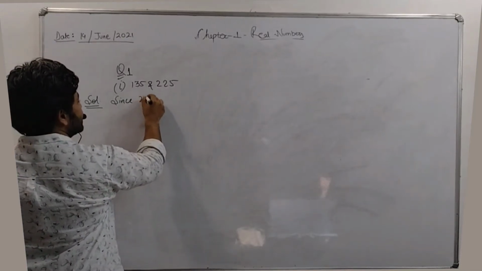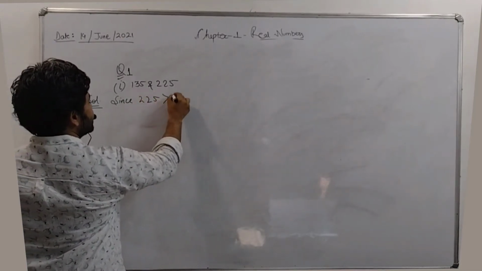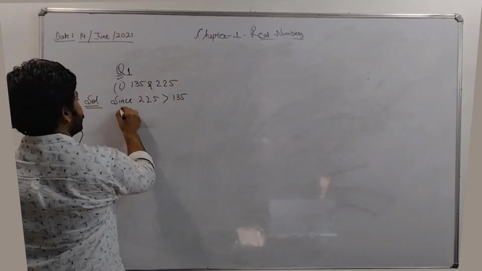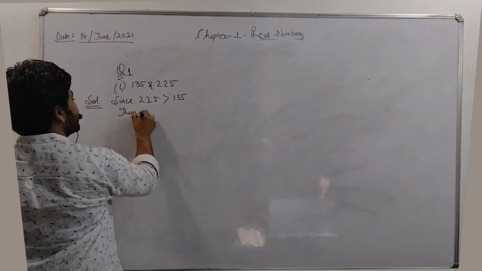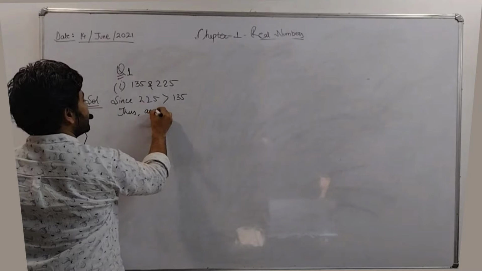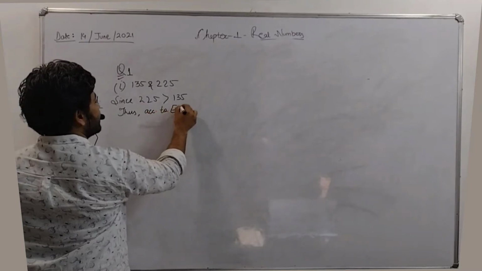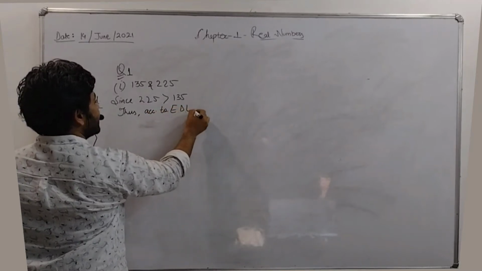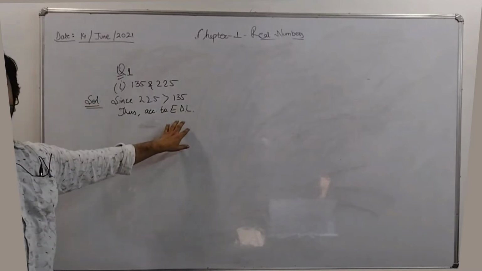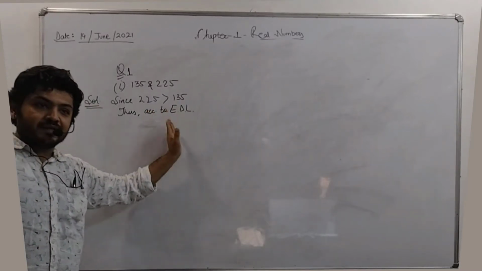Since 225 is greater than 135, according to Euclid's division lemma, EDL, I'm writing it in short form. Please state the full thing.